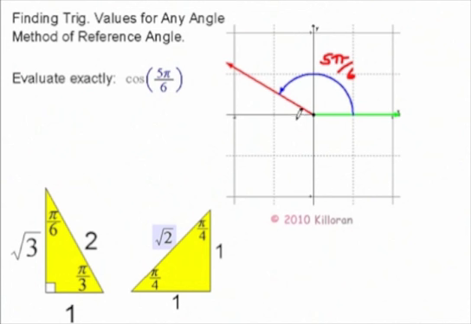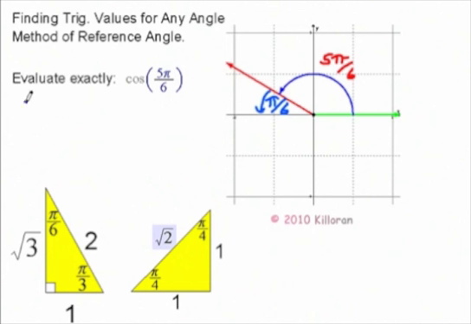The reference angle is always going to be the acute angle between the terminal side and the x-axis. It's never going to go towards the y-axis. Reference angles are always towards the x-axis. The reference angle here for 5 pi over 6 is this measure in here, and this is only going to be pi over 6 to make the total 6 pi over 6, or just pi. So the reference angle here is pi over 6.